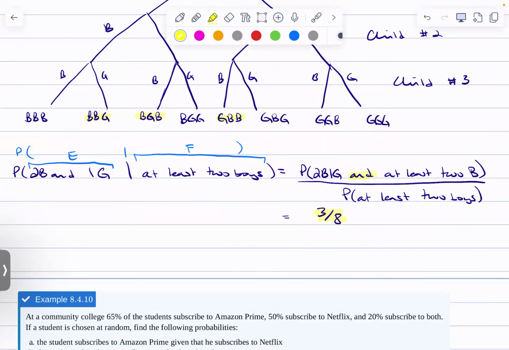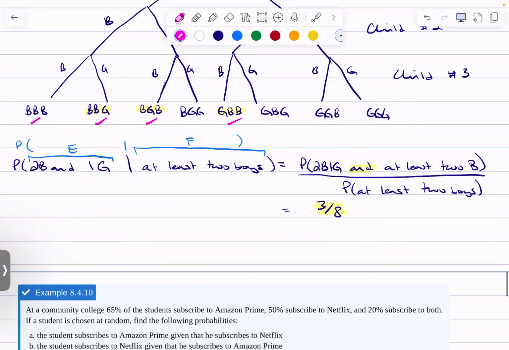I'll highlight that and I'll use a different color. The probability of at least 2 boys, right? At least 2 boys happens here, it happens here, it happens here, happens here. So I get 4 out of 8 that are at least 2 boys. And then once I have 3 over 8 multiplied by 8 over 4, I get 3 over 4.